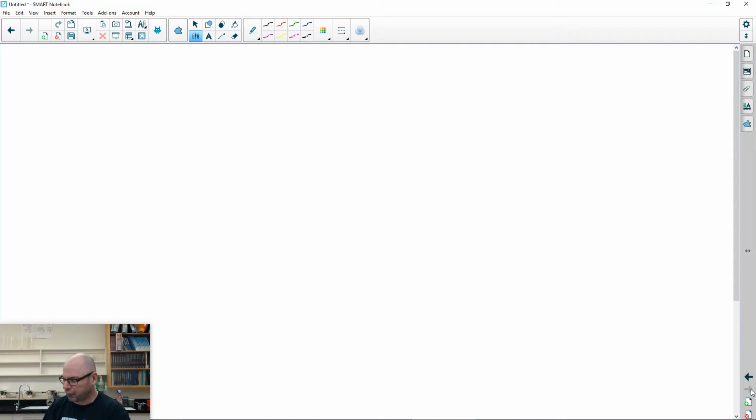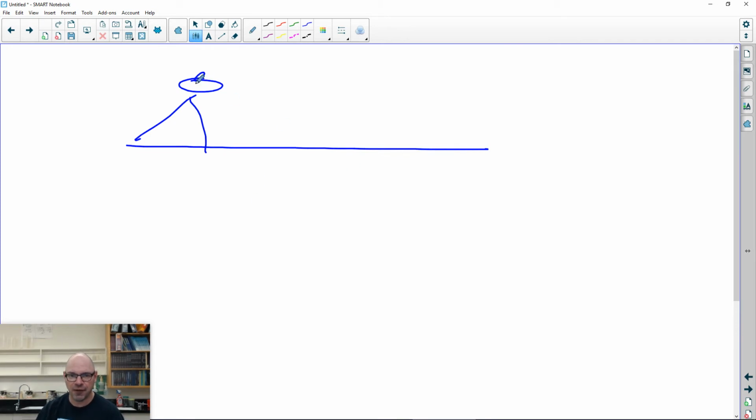So we're going to draw the ground and the tower here. So here's our tower. Right there. There's our ground. And you're looking up at it, from where you are. And of course, you have to kind of assume that you're right on the ground. You're looking at it like this to the top of the tower.